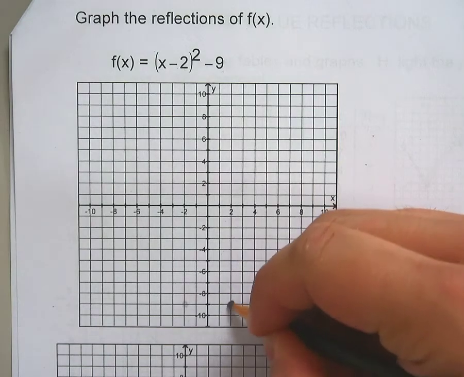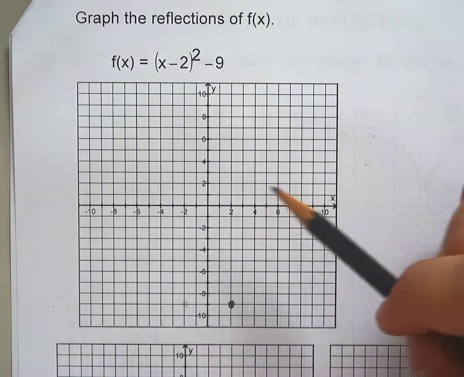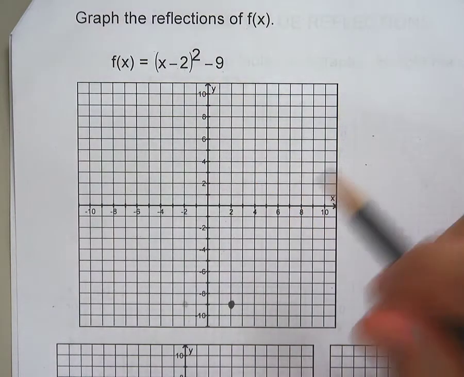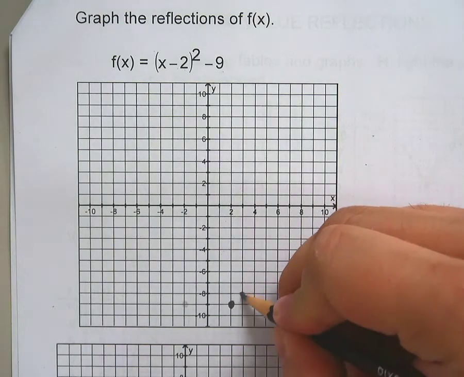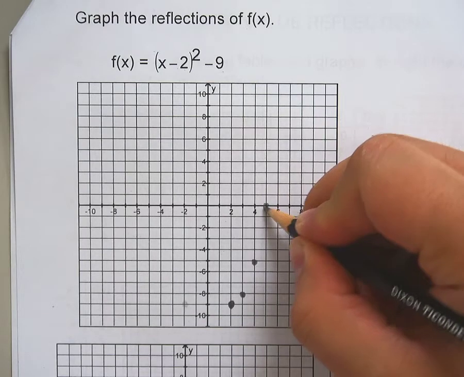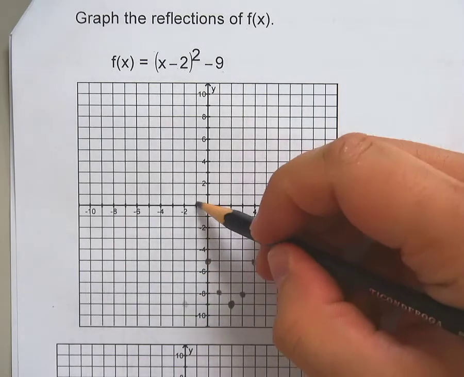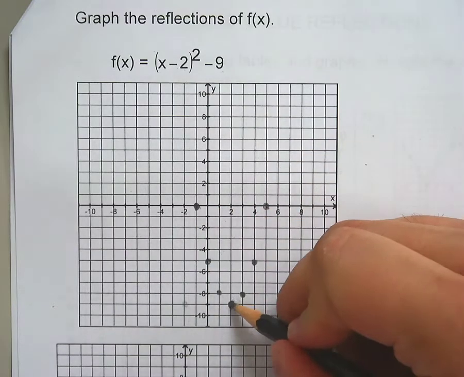Bam. Right 2. Good thing we do our notes in pencil. Inside the parentheses, so right 2, down 9. And then it's a regular parabola, so up 1 over 1, up 3 over 1, up 5 over 1. Like this.